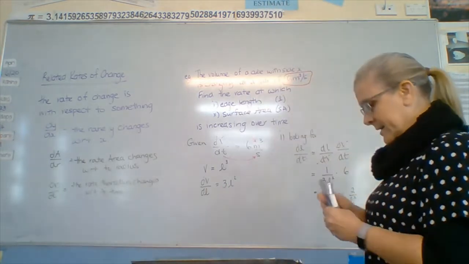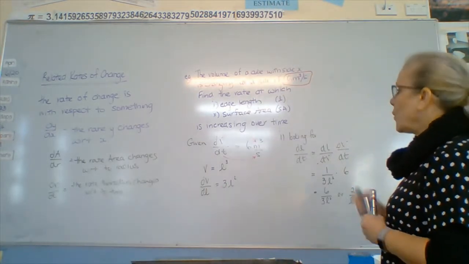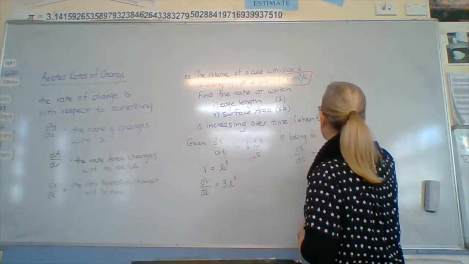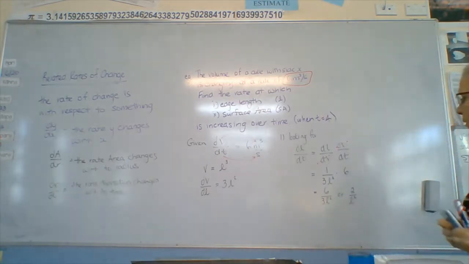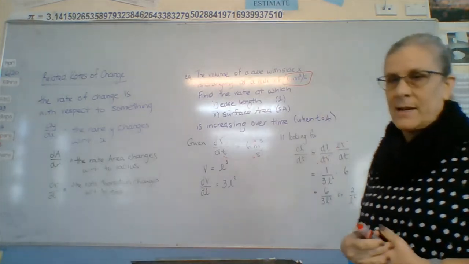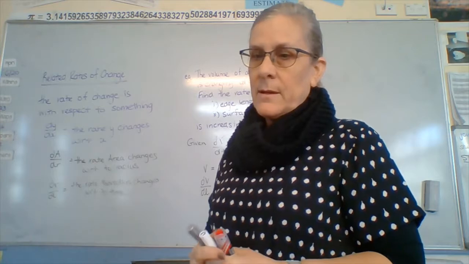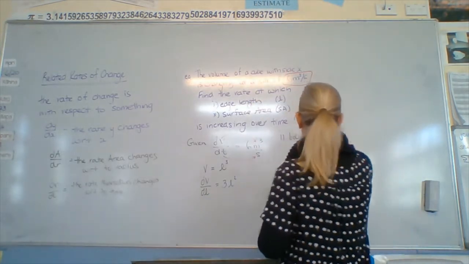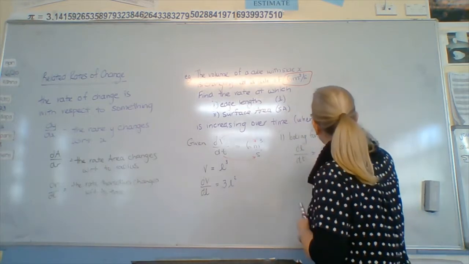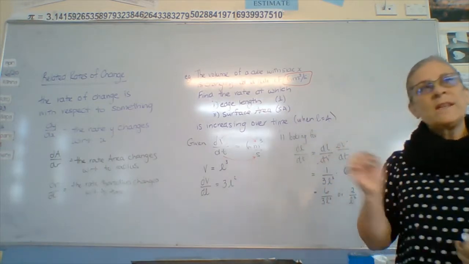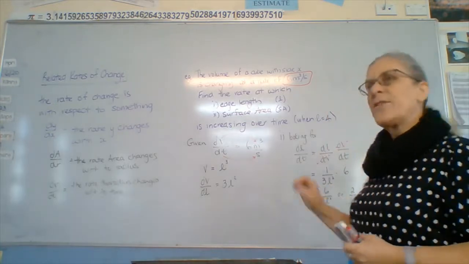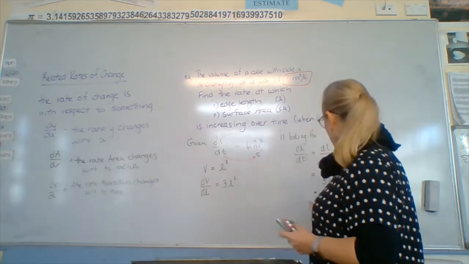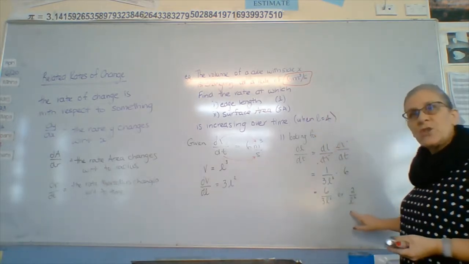So if we were asked for when length equals 4, how would we find out this answer? Sorry, when the length equals 4, trying to find out the rate at which length is changing when it is 4, we'd go back to here and substitute in our 4.